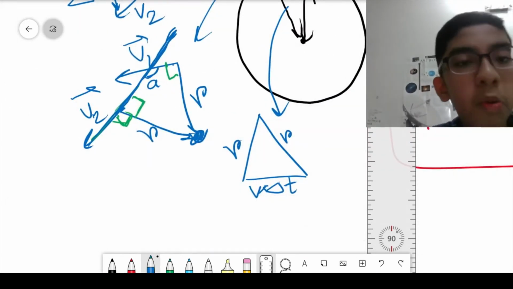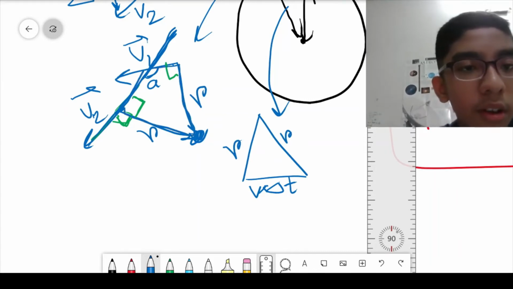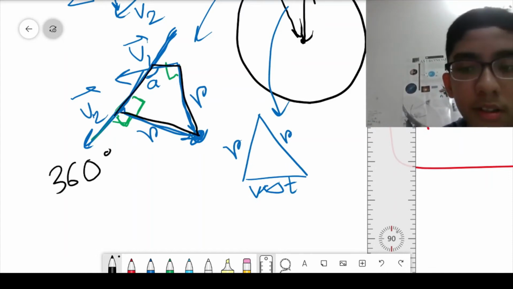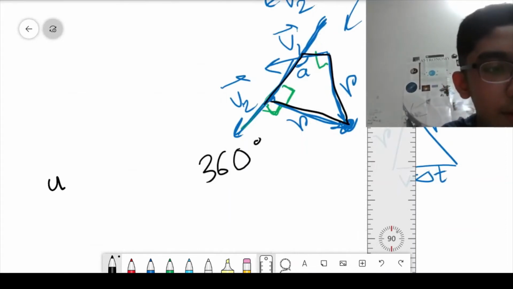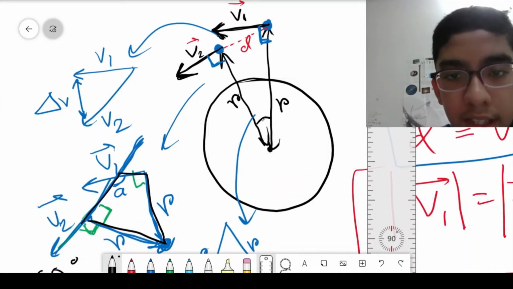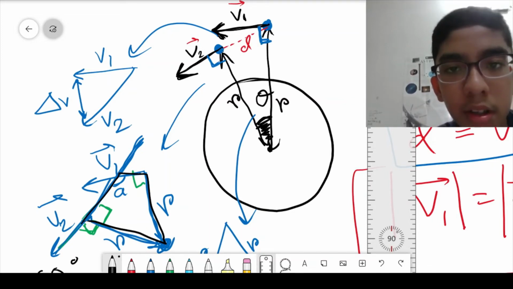Now we know that the interior angles of a quadrilateral, and this is a quadrilateral, will sum to 360 degrees. So alpha plus, now see, let's define this angle which it has covered, this angular distance, theta.